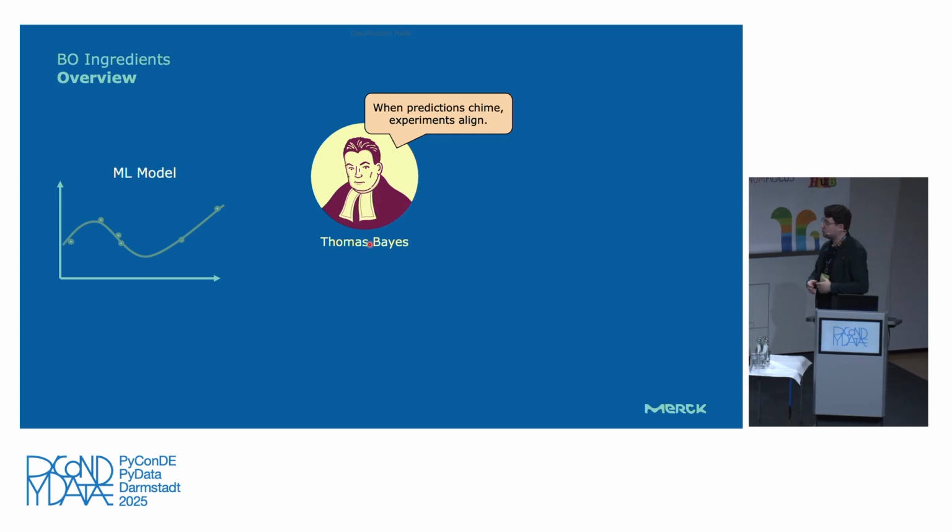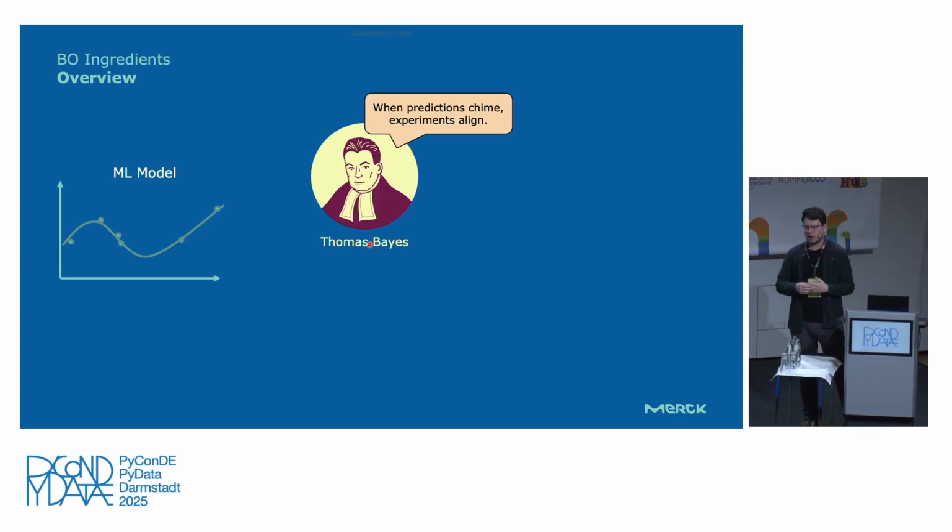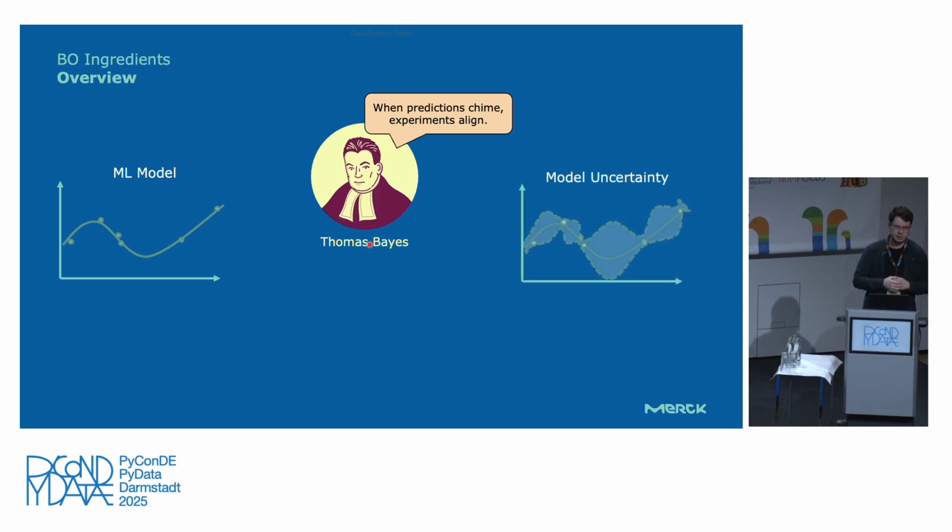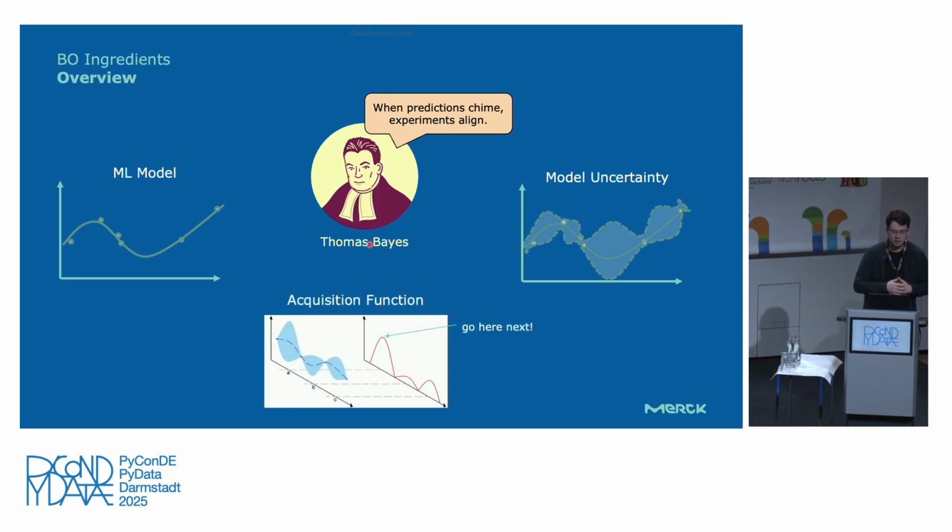That might sound very trivial to you, but I can tell you the state of the art for these experimental designs often uses very simple models that you would probably not even classify as machine learning models. And then comes the most important ingredient. We need probabilistic models, so models where uncertainty comes with them. And we will simply combine those two in the third ingredient. That's called the acquisition function. So a very quick word about both.